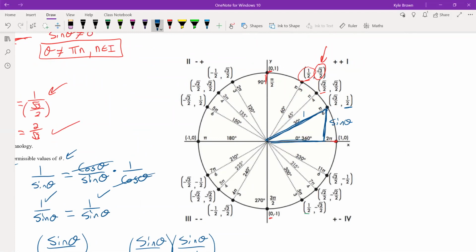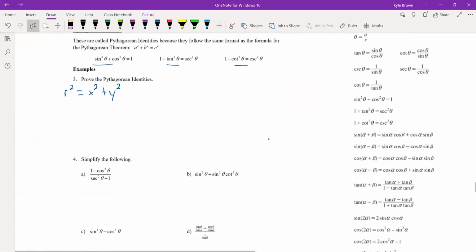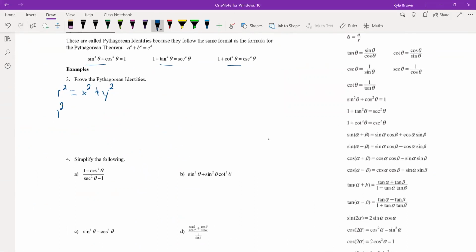And across the bottom, that's my cos theta. So all the first equation is really saying is sine squared plus cos squared is equal to 1 squared. So that's just Pythagorean identity. That's all this first one really is. So we can say that's the same thing as saying 1 squared, the length on the unit circle, is equal to cos squared theta plus sine squared theta. And there you go. We proved it.